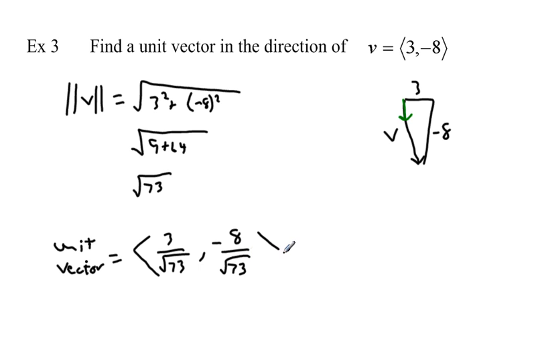And that's it. So for the unit vector, we take the original quantities and divide by the length of that original vector. And you can simplify these and write them different ways, but this answer is sufficient. Sometimes it's good to get it as a decimal, but it's not a need.